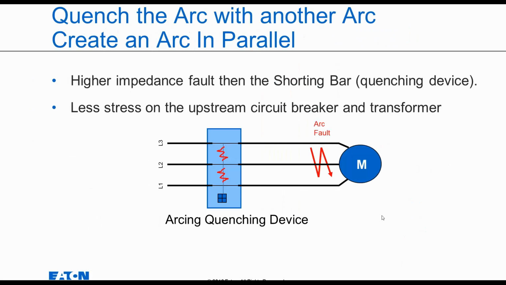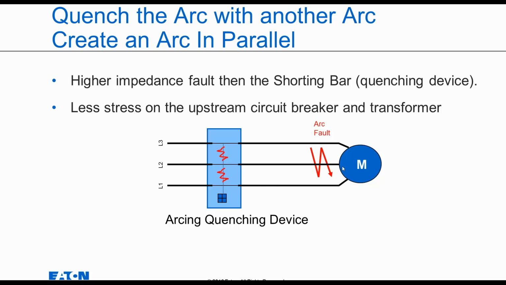Another device similar to that quenches the arc with an arc. One of my physics friends told me that there's actually a physics law out there that says two arcs can't occur in parallel. Only one, and I think it's the lowest impedance, will survive.